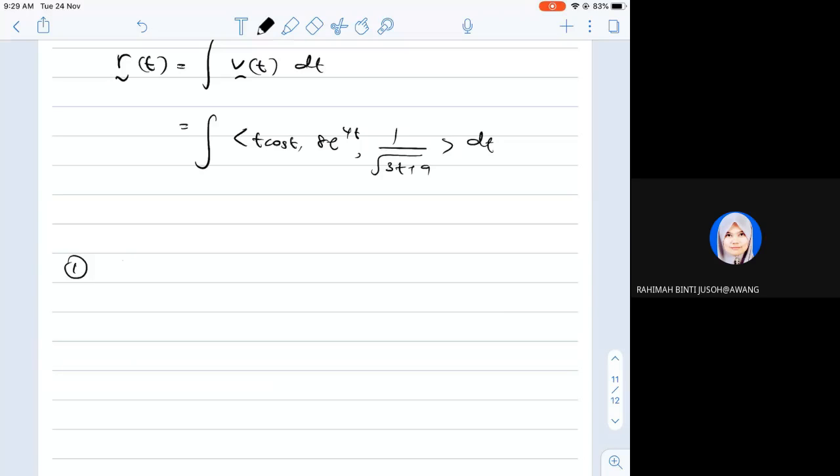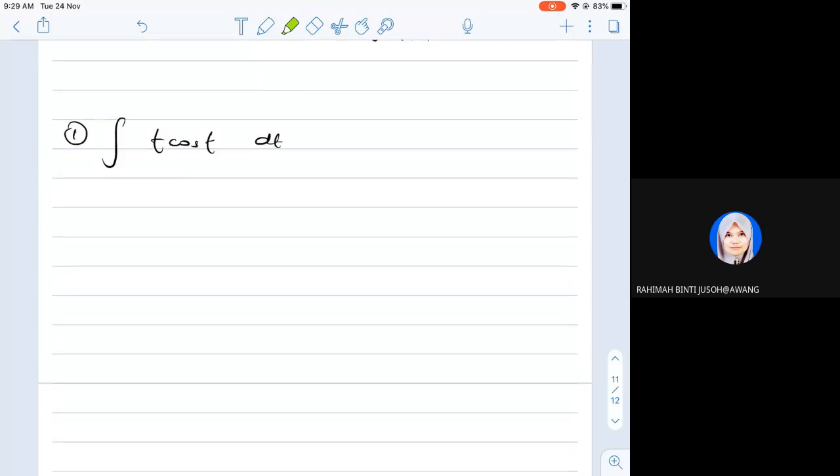Number 1, integrate t cos t. Okay, we do it by component. We integrate t cos t first. Okay, so how to solve this? In integration, if you still remember, the concept is to break it apart.